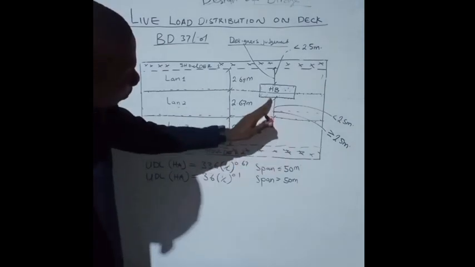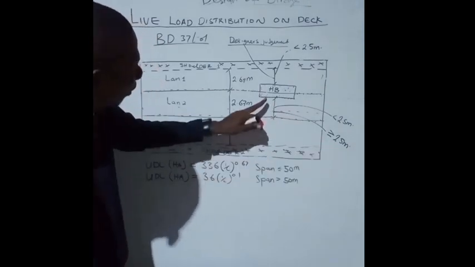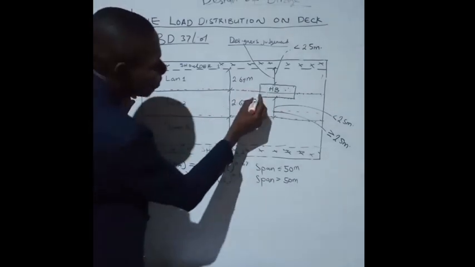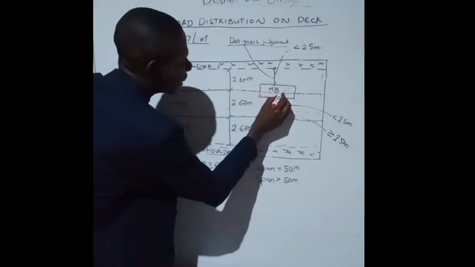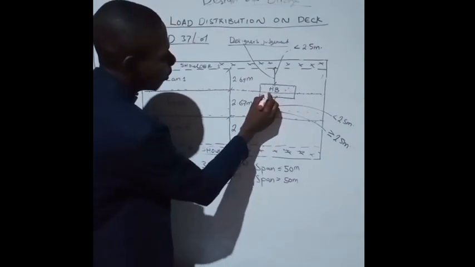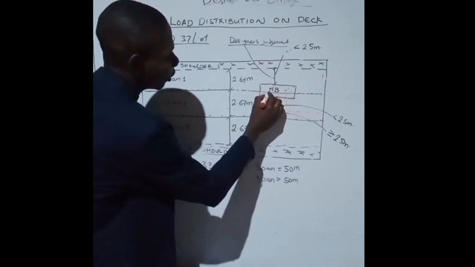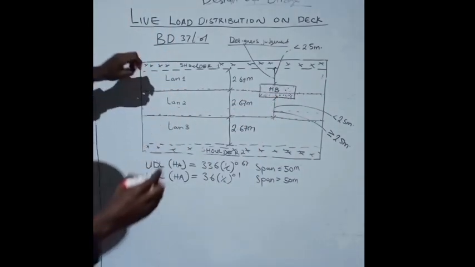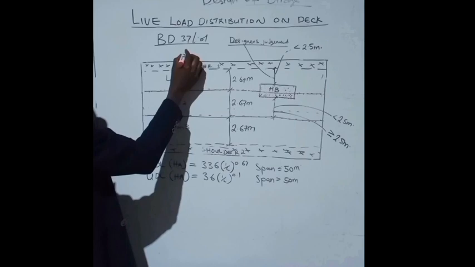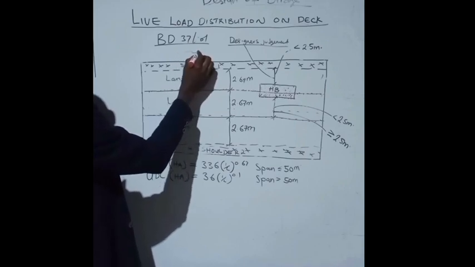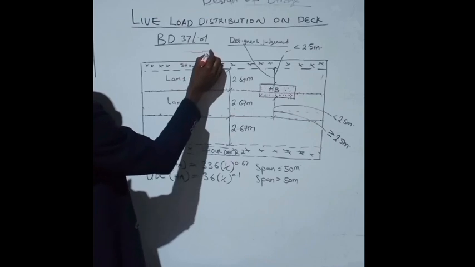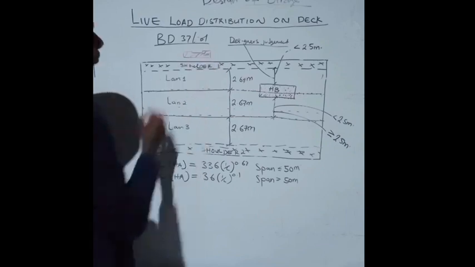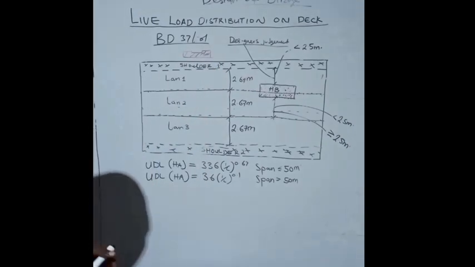So when this space becomes greater than 2.5, what it means is that the HB load has been able to displace the uniformly distributed HA load of this proportion, of this proportion, of this proportion. So the remaining proportion remains the same. That means you are going to have it as this. Let me just do a diagram. You see the load going like this. So the load becomes of this shape. That is all we have.